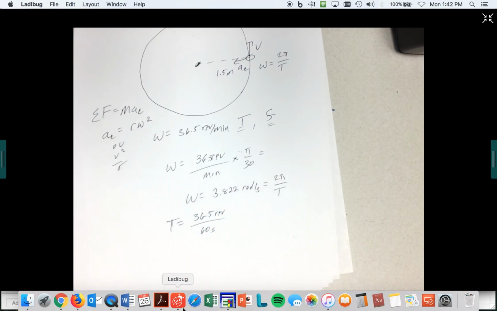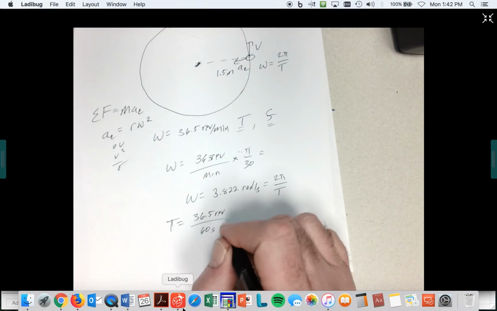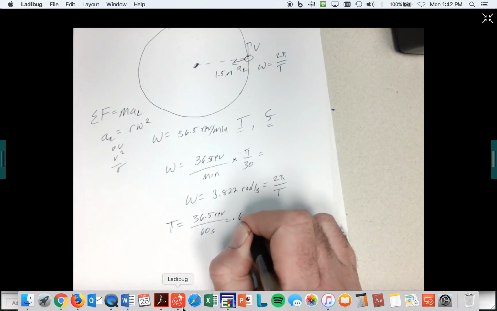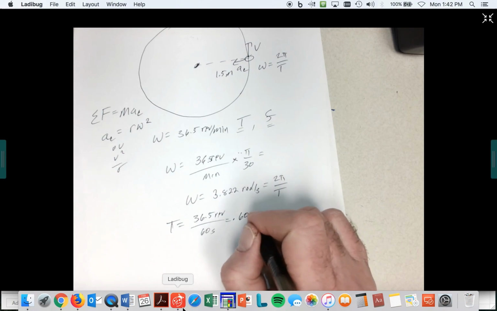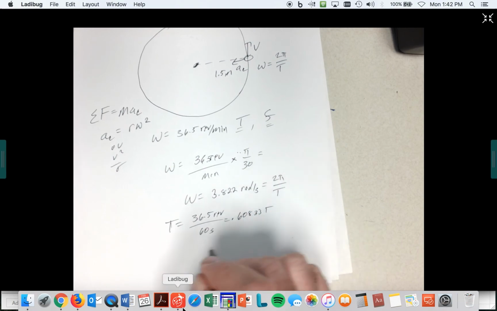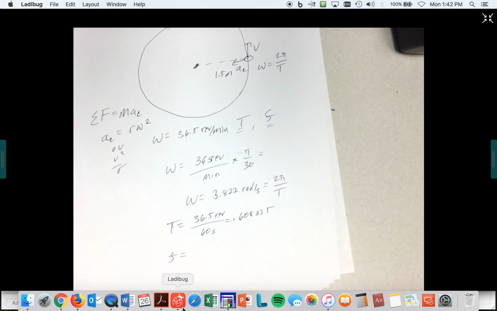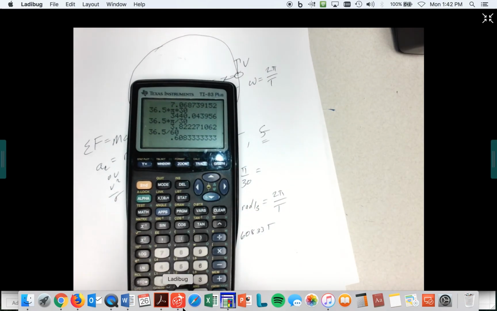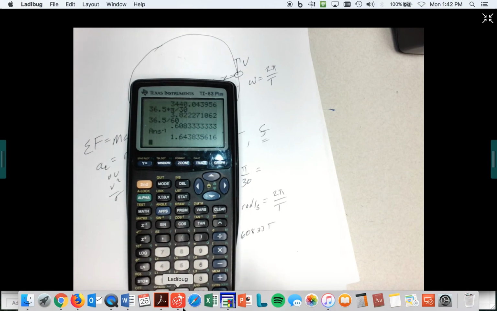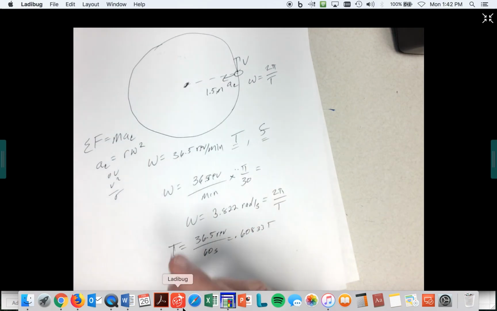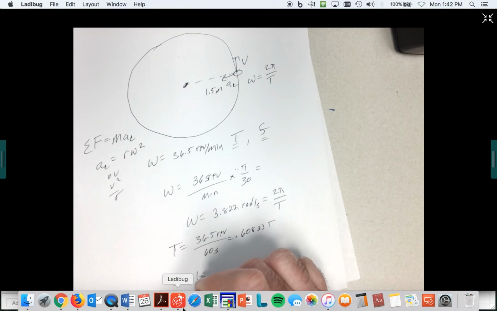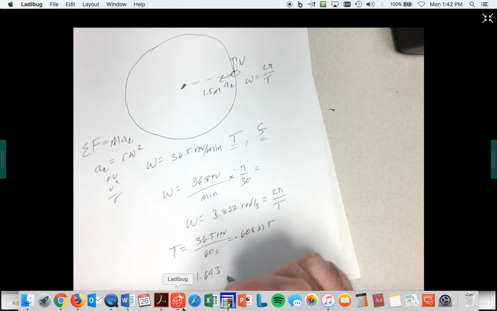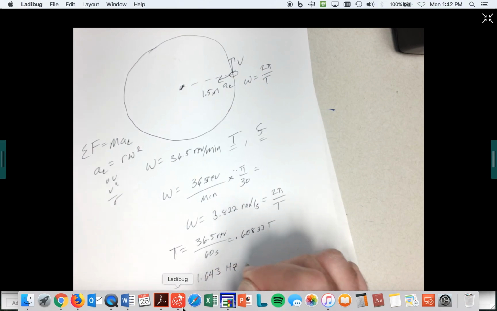Boom. I got this equals 0.60833 seconds for the period. The frequency would be the inverse of that, and I get 1.643 hertz, or seconds to the minus 1.